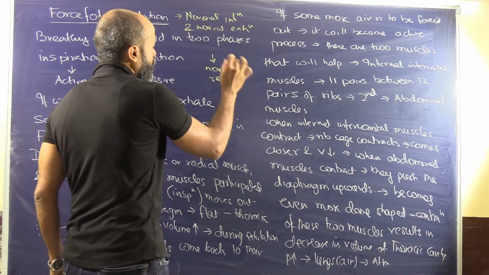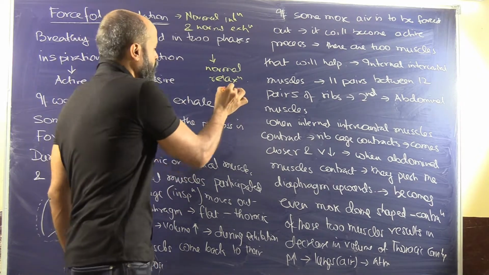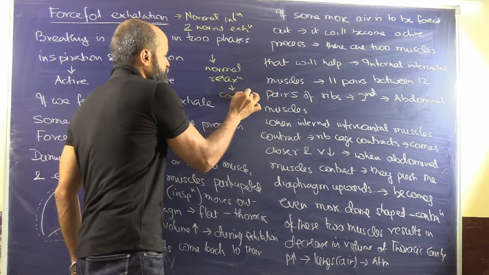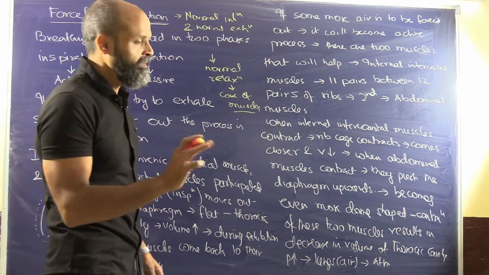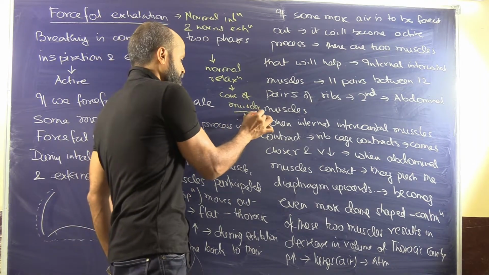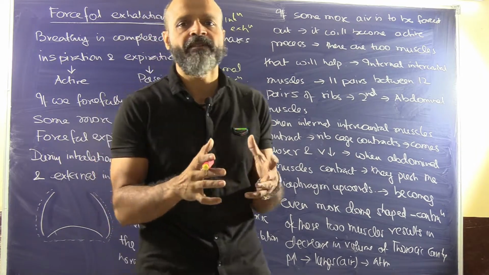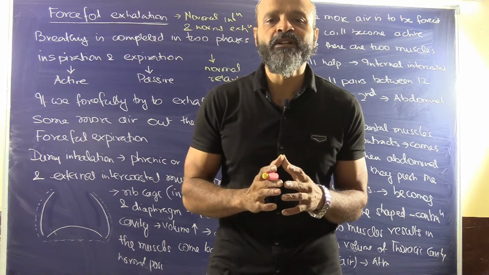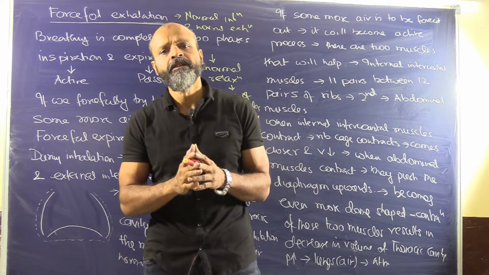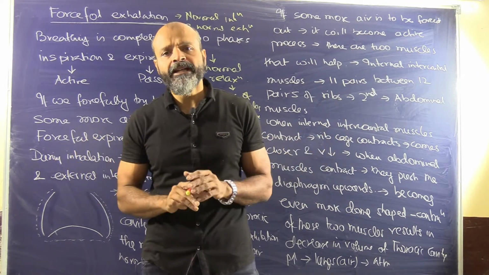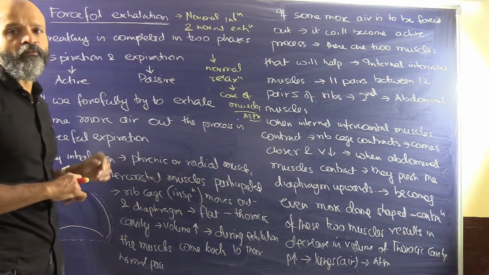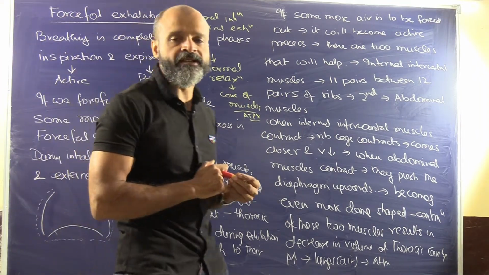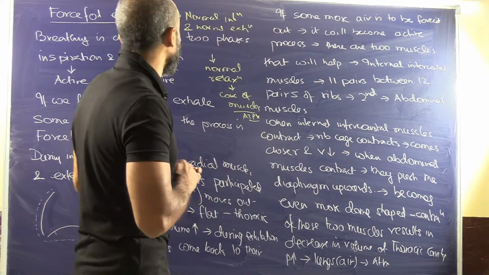So there is no contraction of muscles, and hence ATP is not required. Just because they have expanded, they are now going to return back to their original position, and hence we don't require any ATP, and it's a normal process of relaxation. But here in forceful exhalation, it doesn't happen that way.